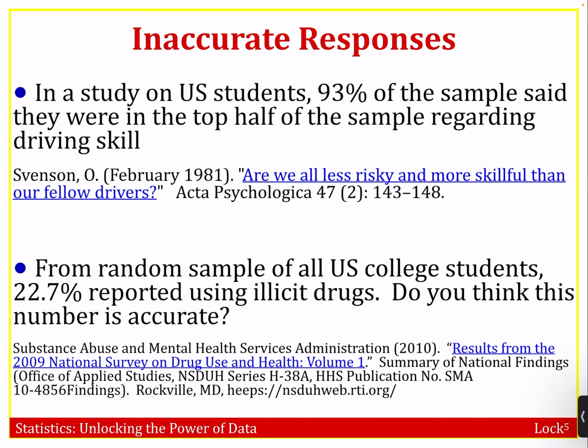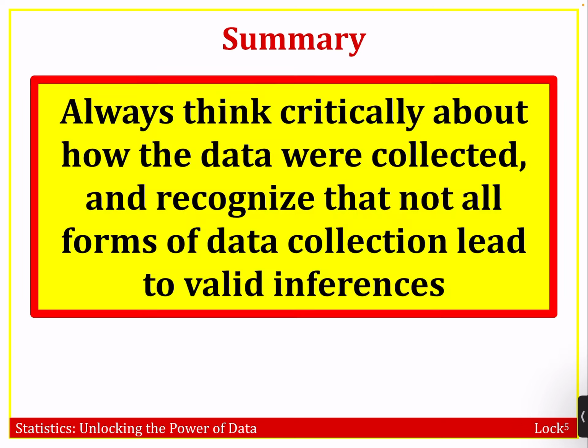So we tend, as people, it's a very human thing, to highlight the positives, or the things that we think other people are going to perceive as positives. And we tend to downplay or underestimate the negatives, or the things that we are worried about other people perceiving as negatives. Just something to be aware of.